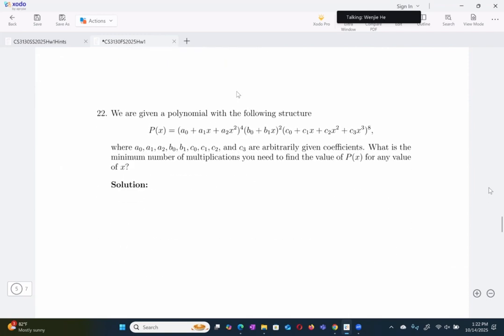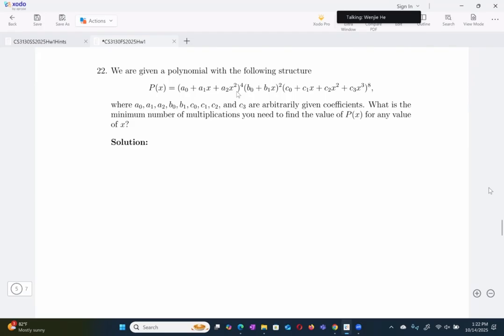All right, so I gave the hint. Based on the hint, several students still missed a little bit. Calculate U, calculate V, calculate W by Horner's rule.